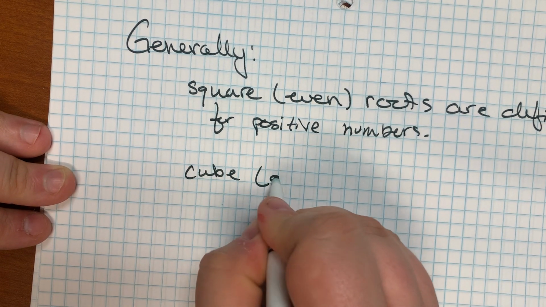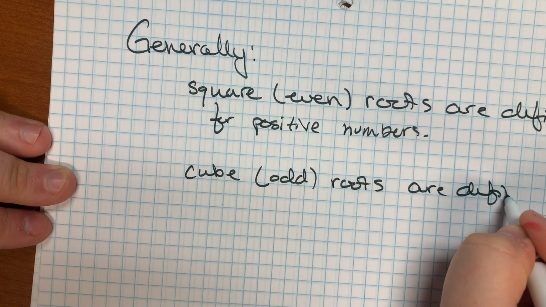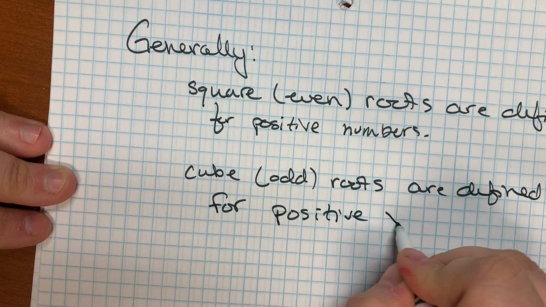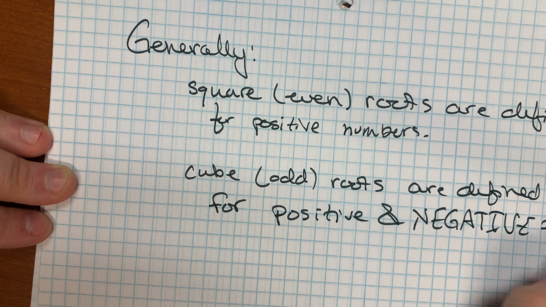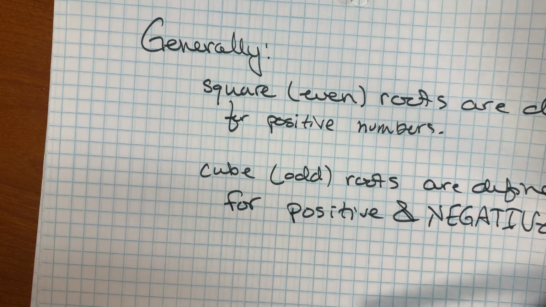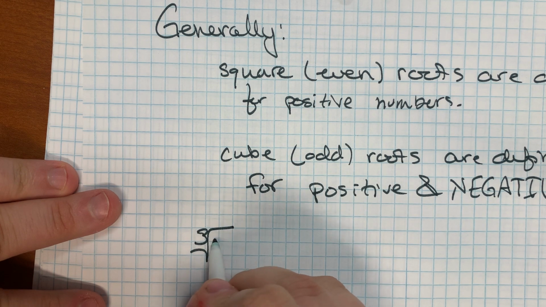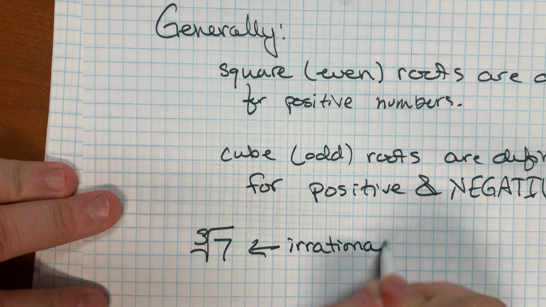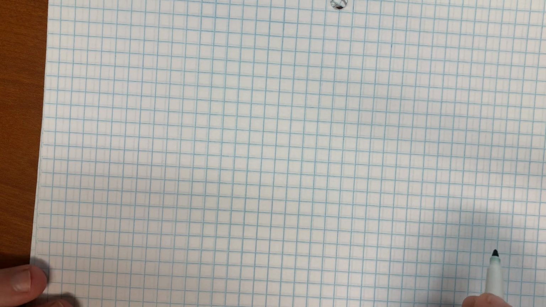Cube or any odd roots are defined for positive and negative numbers. And whenever we have the cube root of, say, 7, that's going to be irrational. I won't prove why that's true. You can take my word for it, or you can emulate our proof for the square root.